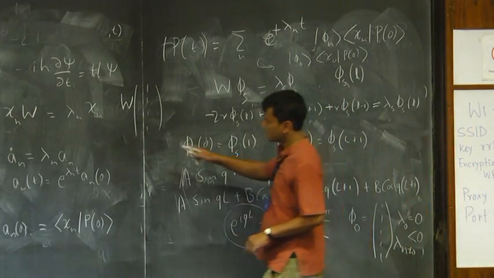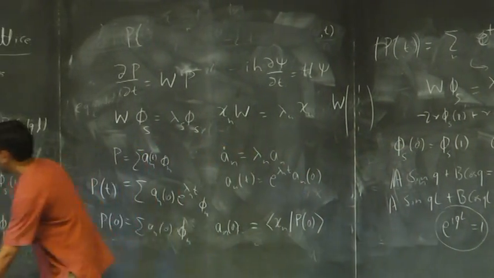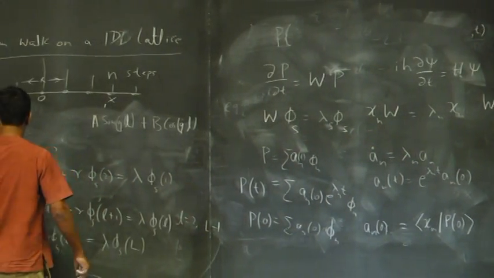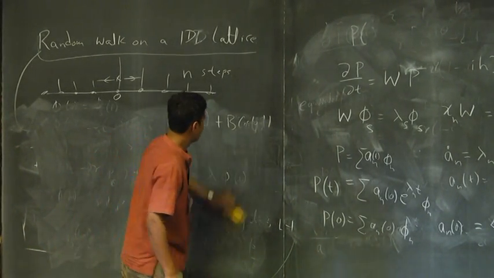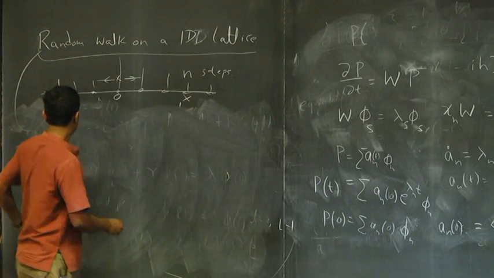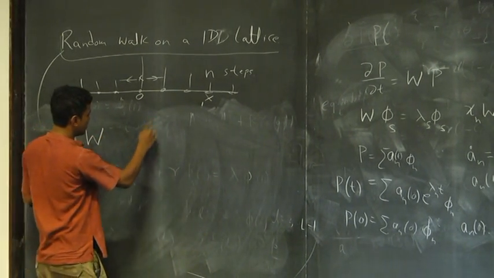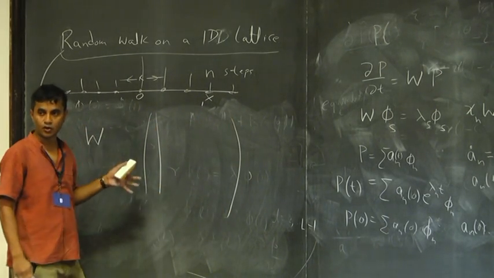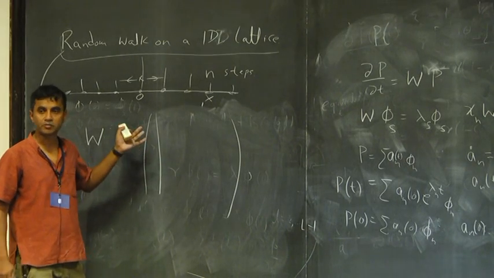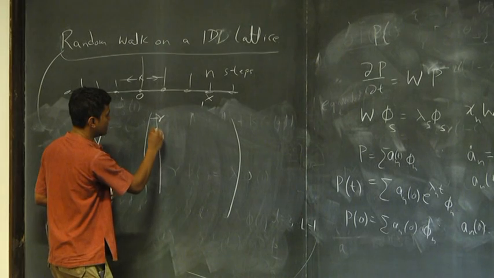Okay, so if you take any such W matrix, one property is that the sum of these columns is 0, because that's just conservation of probability. In the example we looked at, it was minus r and r.